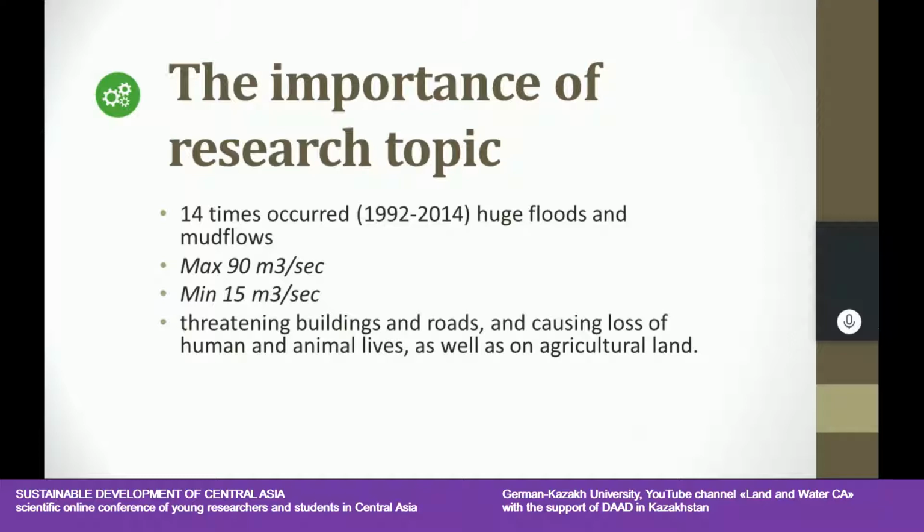So why is this important? From the Committee of Emergency Situations of the Republic of Tajikistan, I found that huge floods and mud flows occurred 14 times, during 2014 with a maximum discharge of 90 cubic meters per second, and this kind of floods and mud flows threatened buildings, roads, and caused loss of human and animals' lives, as well as agricultural land.